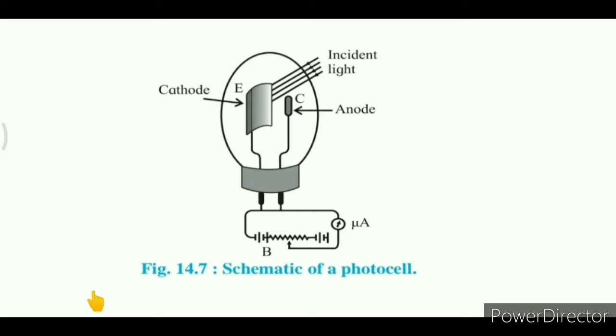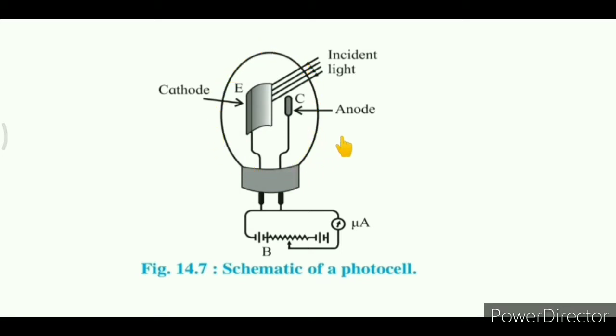Over here, it consists of a semi-cylindrical photosensitive material, which is named plate E, acting as the cathode, and a wire loop, which is called collector C, acting as the anode, and it is supported in an evacuated glass.